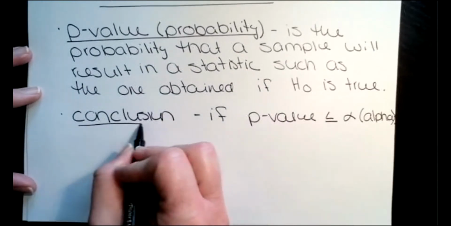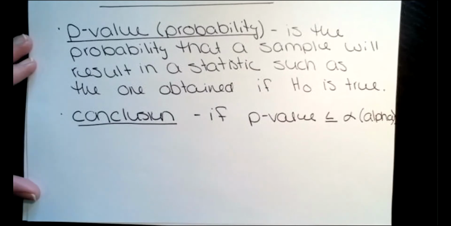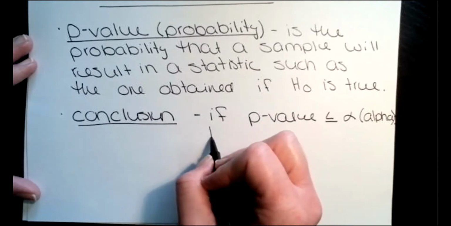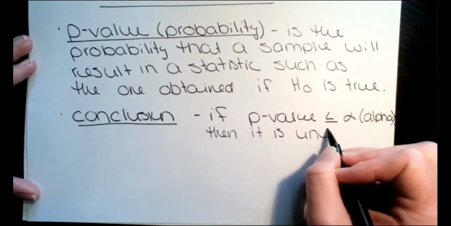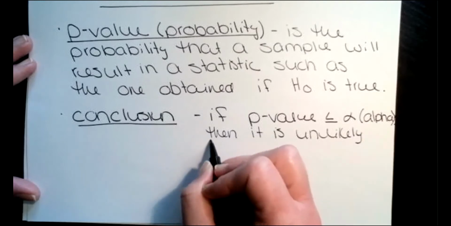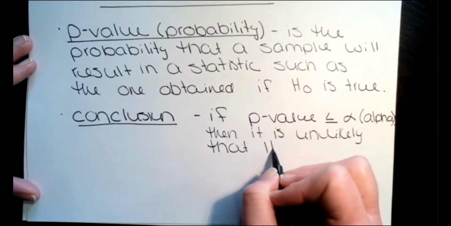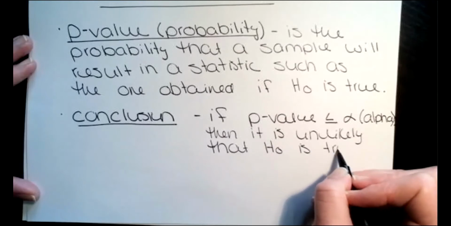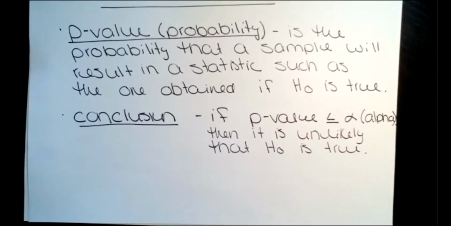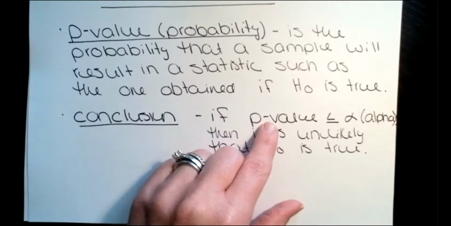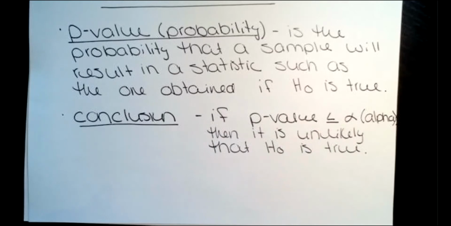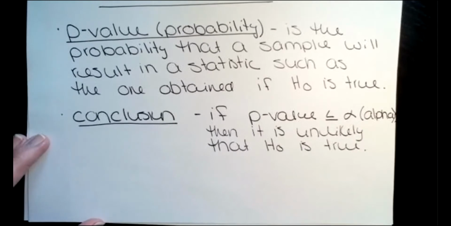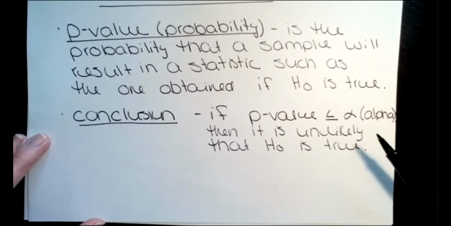So if my p-value is less than or equal to my alpha, then it is unlikely that the null is true. So let's think about what that means. So I'm saying if my probability is smaller than alpha, remember alpha we said is 5% most of the time. Sometimes we're given alpha. It's 1% if we're looking at medical. So it's a small percentage, 5% or 1%, right?